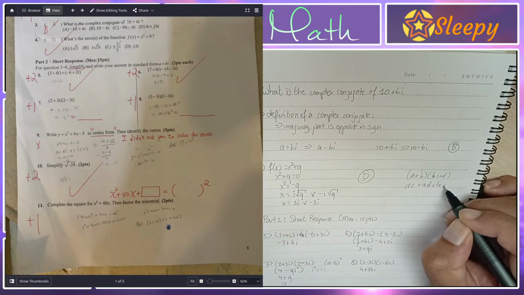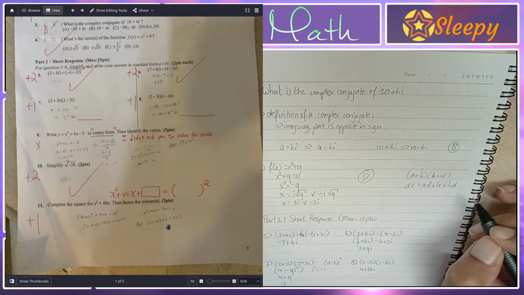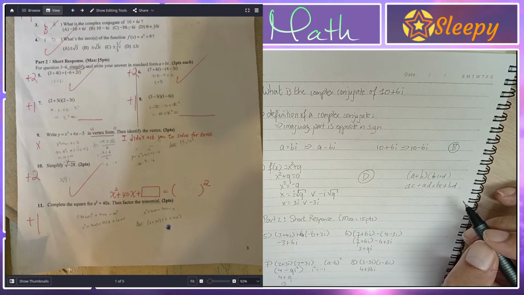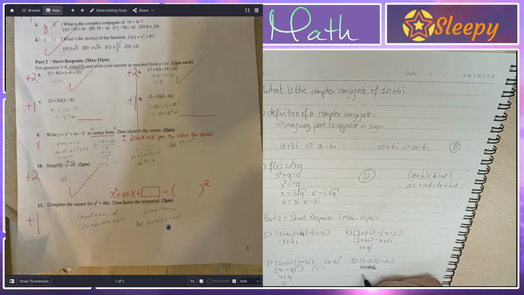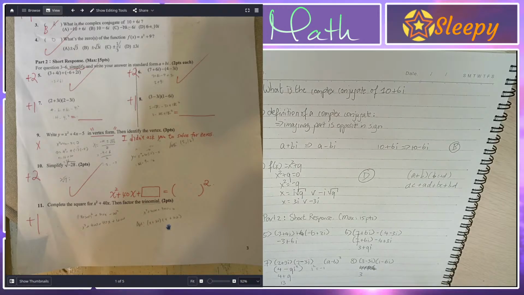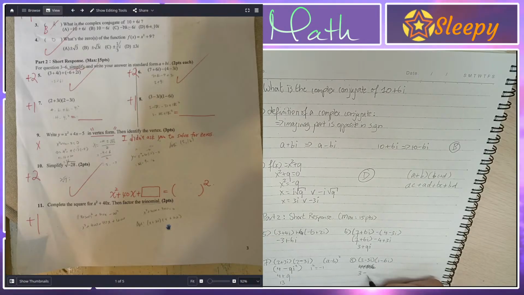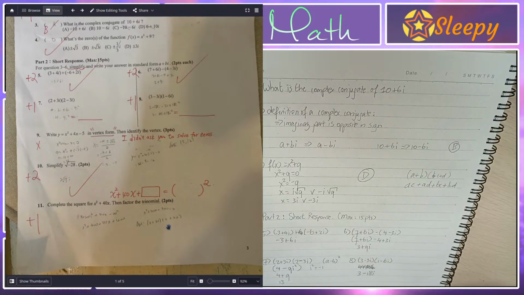Oh, hang on. I'm doing this wrong. So this is just 3. Let's just write it out completely. 3 minus 18i minus 3i plus 18i squared.